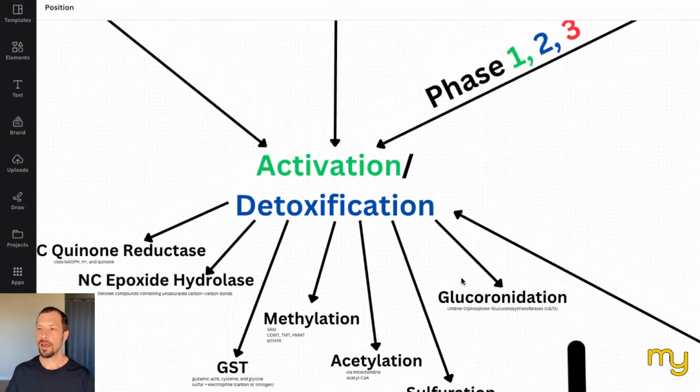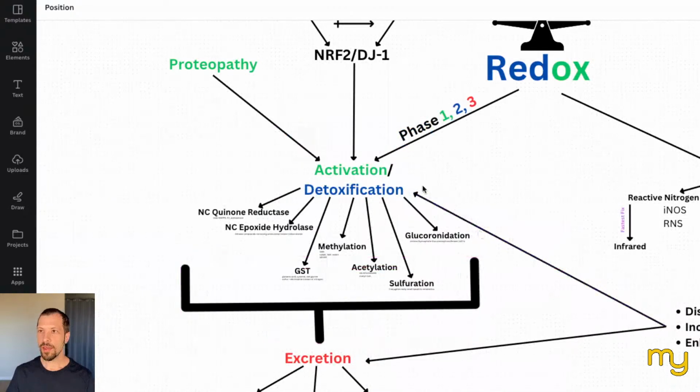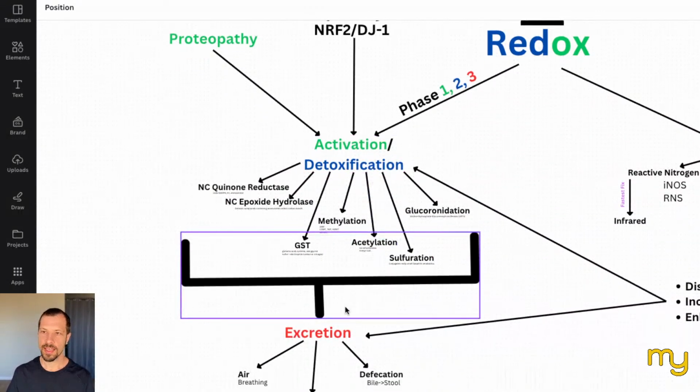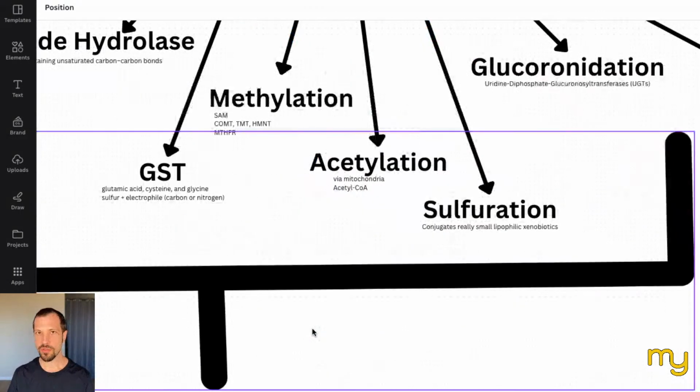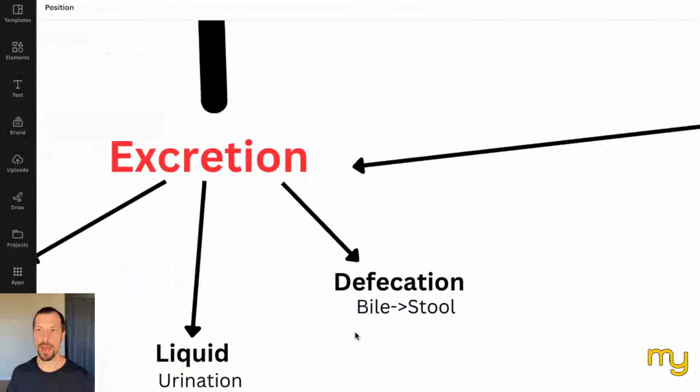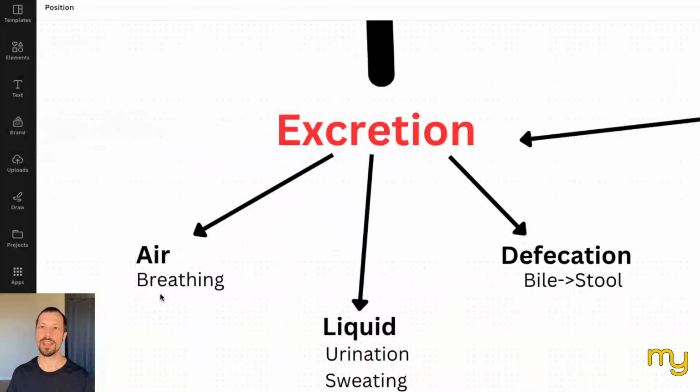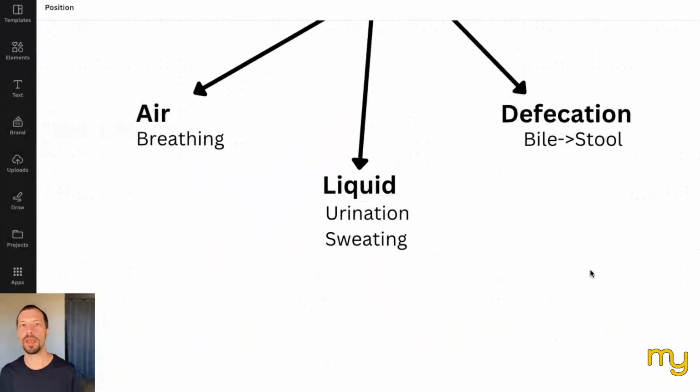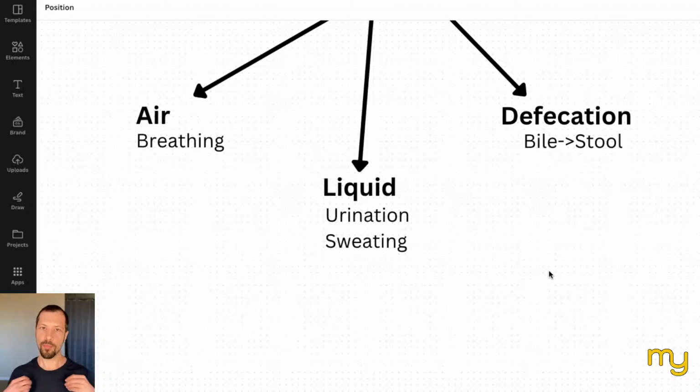And when these all happen, depending on what toxin is introduced into the body, to make it more water soluble, it gets excreted. And when it gets excreted, that happens through three pathways primarily, which is either through a gaseous form, a liquid form, or a solid form. Our gaseous form would be us breathing, so breathing out air and getting that out.